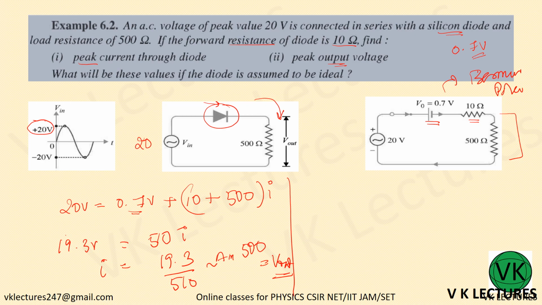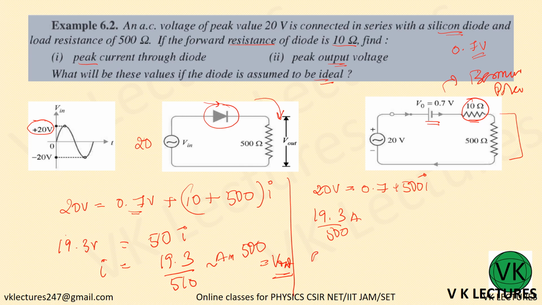Now suppose if it is ideal, what will be your answer? Before that, let us do what if it is the simplified model. Simplified model means this 10 ohm resistance won't be there. So after applying Kirchhoff voltage law, we have 0.7 plus 500 I. So 19.3 divided by 500 will be the current passing.